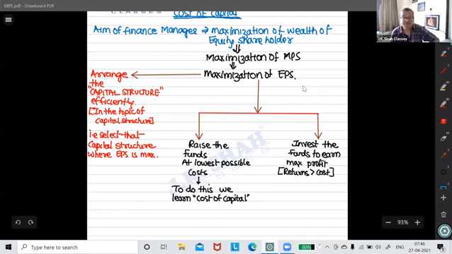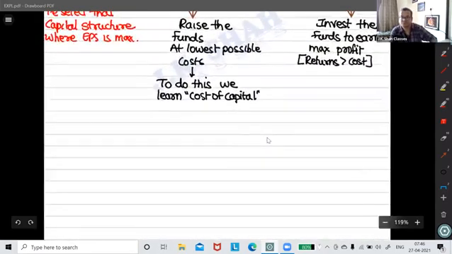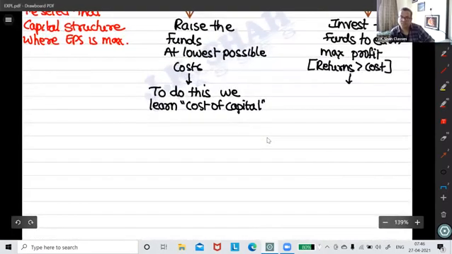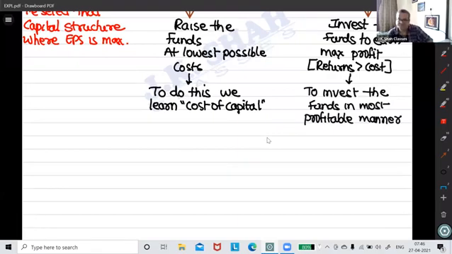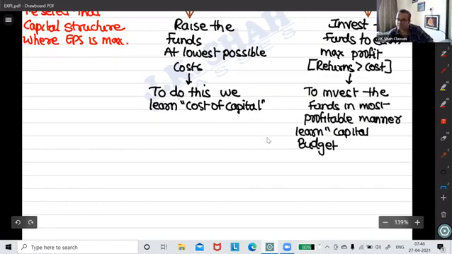And to invest the funds in the most profitable manner, we learn capital budgeting.